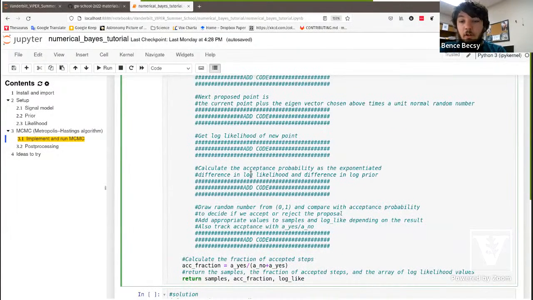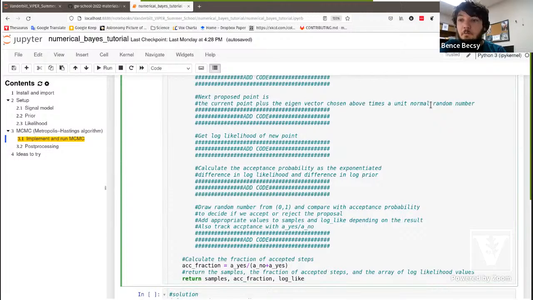And then we actually need to calculate the acceptance probability. In this example, this proposal just has some direction and then a random normal distribution on it. So it's a symmetric proposal, so we don't need to worry about putting those into the acceptance rate.